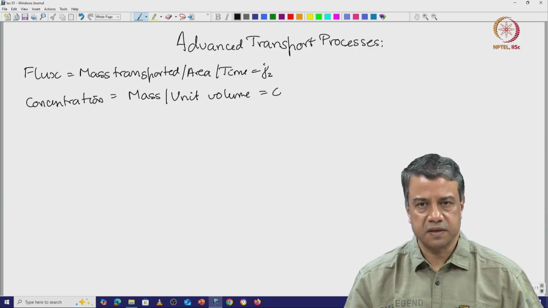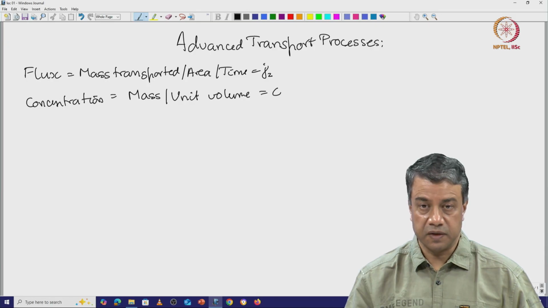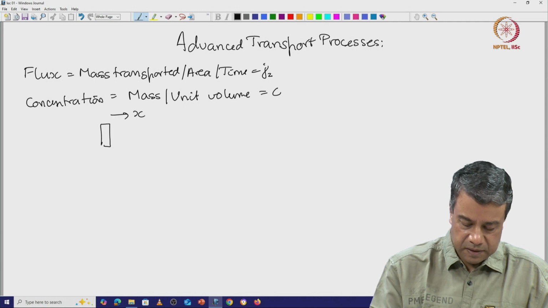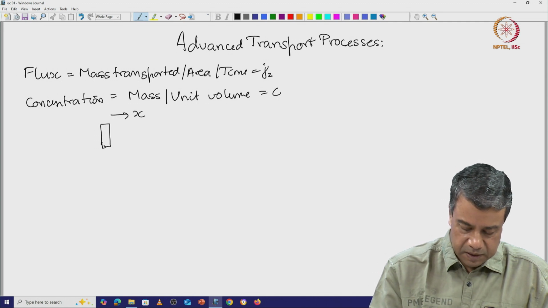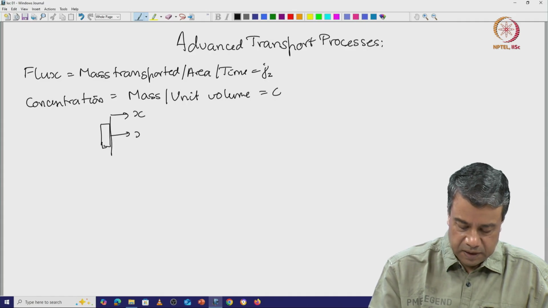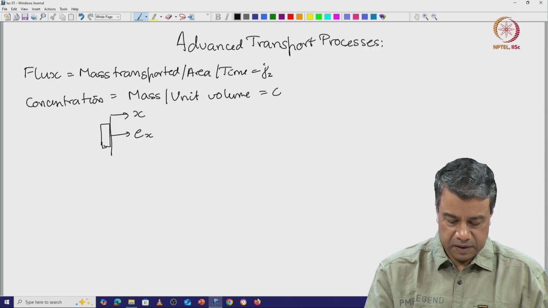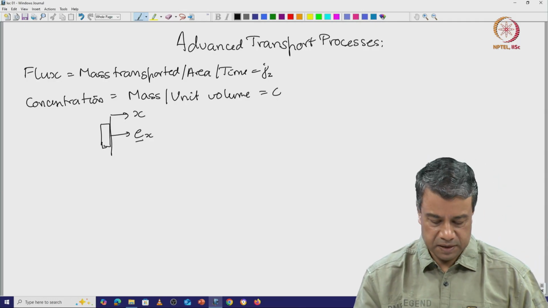And there is a flux of mass due to fluid flow. For example, if I had a fluid flow in the x direction across a surface with perpendicular in the x direction, the unit vector in the x direction is called Ex.